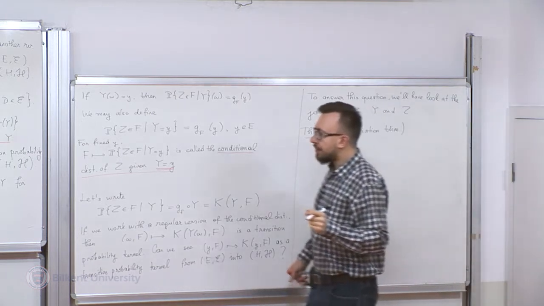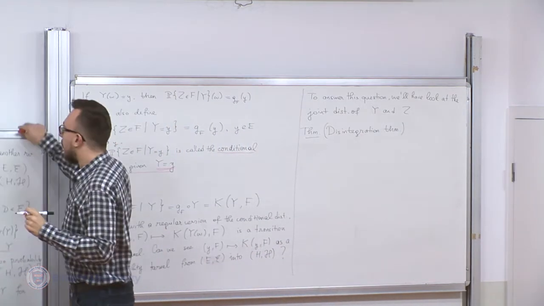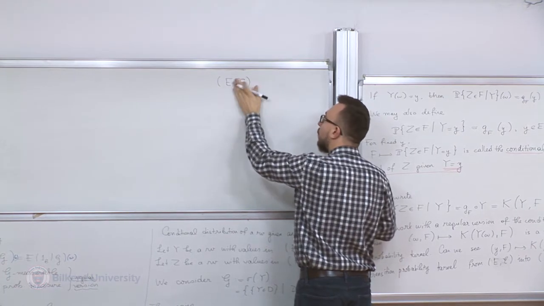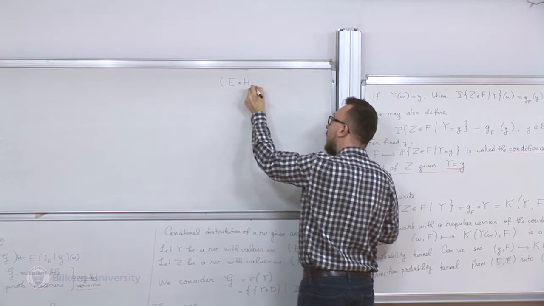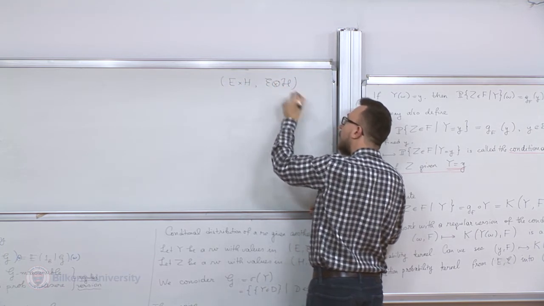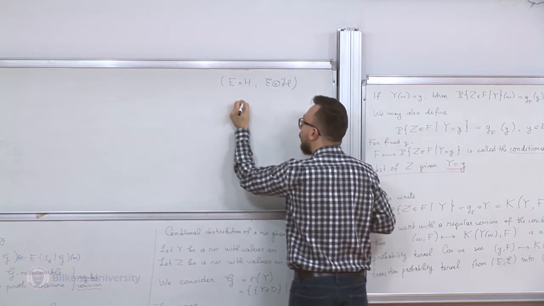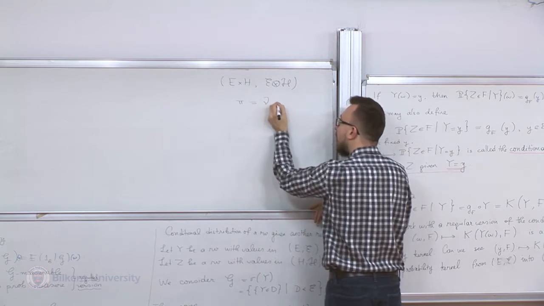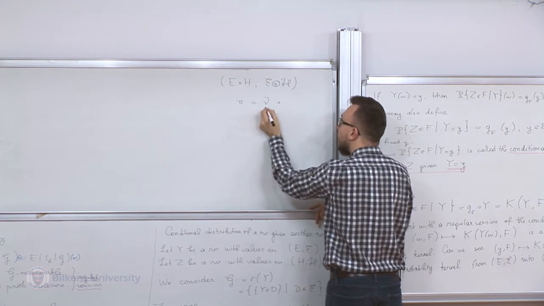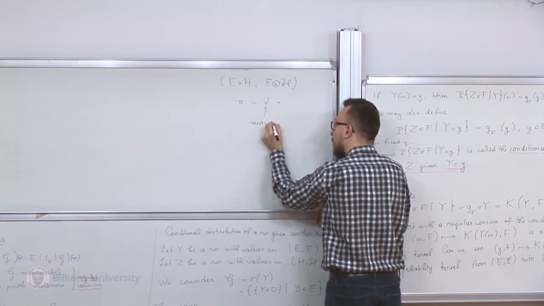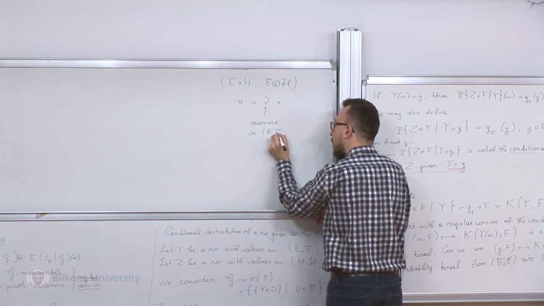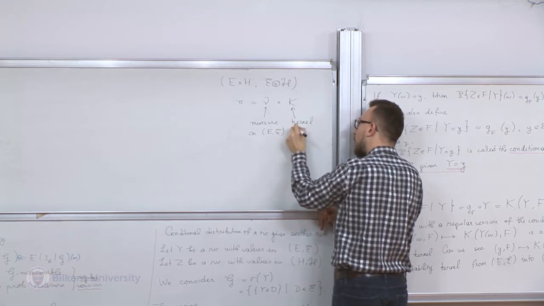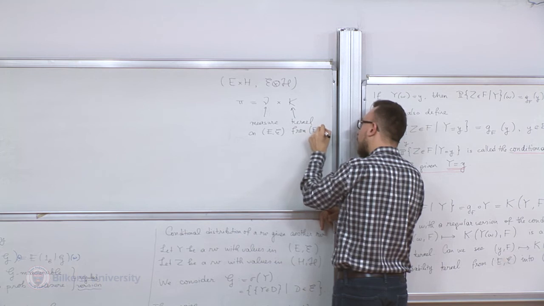So remember how we constructed measures on product spaces. So let's say you want to construct a measure on the product of E and H. How did we do that? Well, we defined a product measure, a measure on the product space, as the product of a measure on the first space and a transition kernel from the first space into the second.